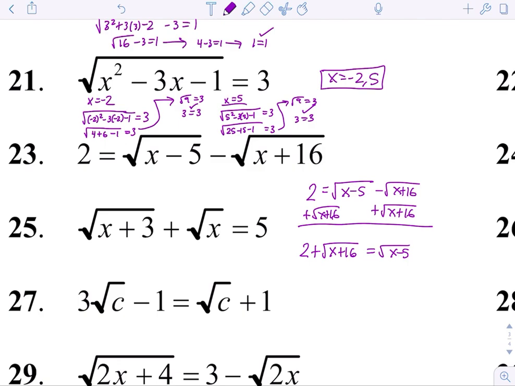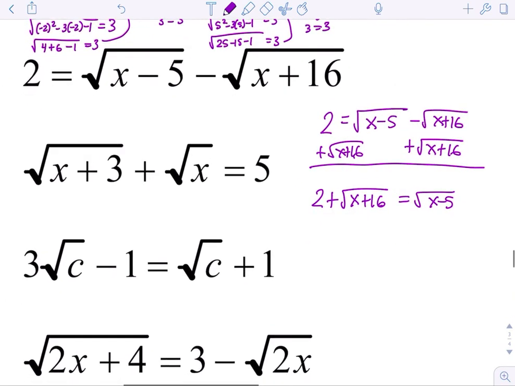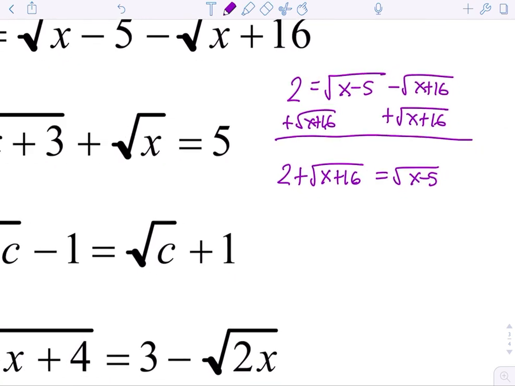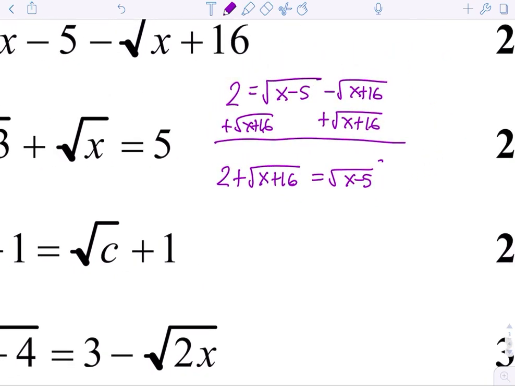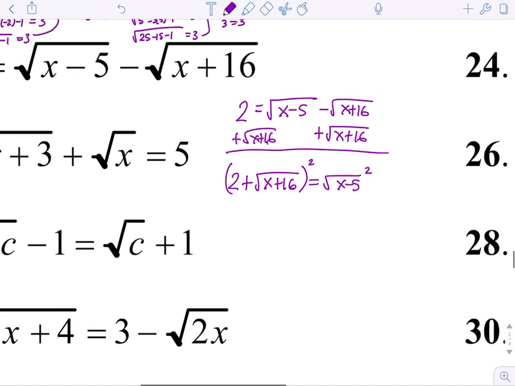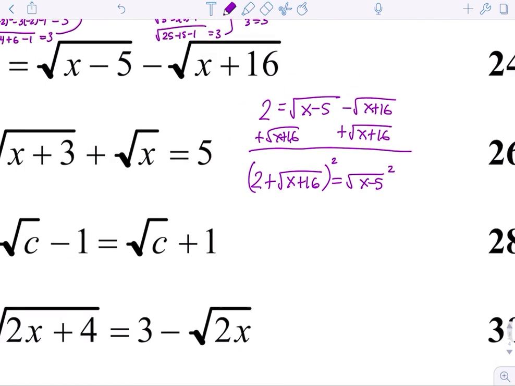I have successfully isolated the right-hand side with a radical. So let's take both sides to the second power. And remember, this is really going to be this, multiplying to itself twice.